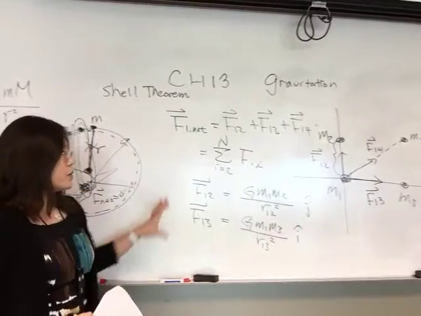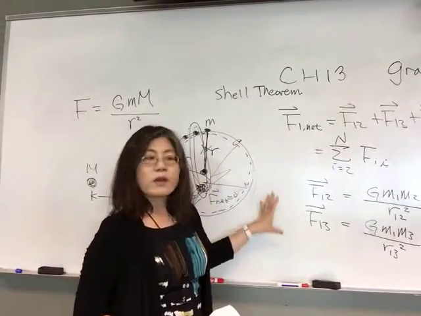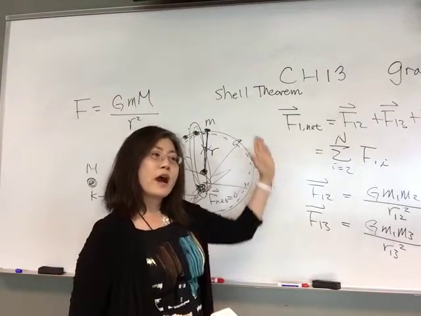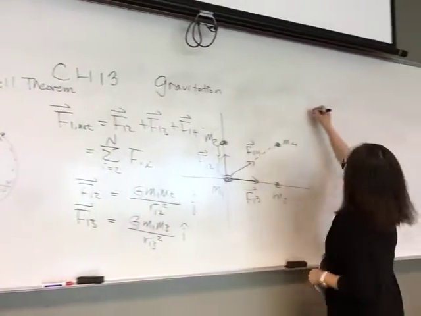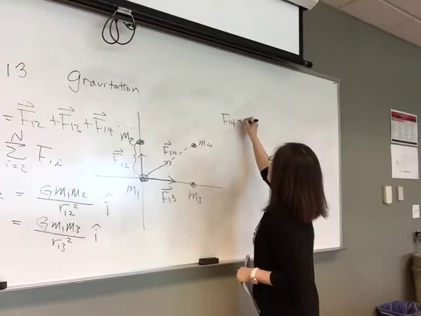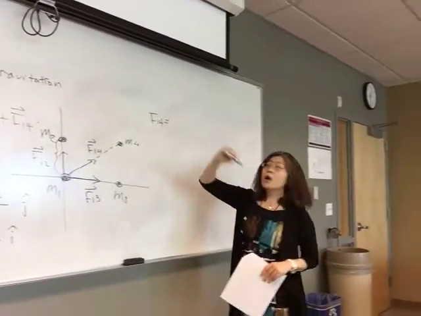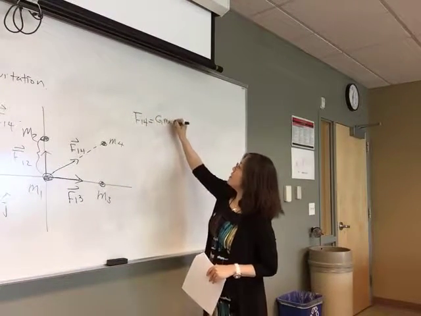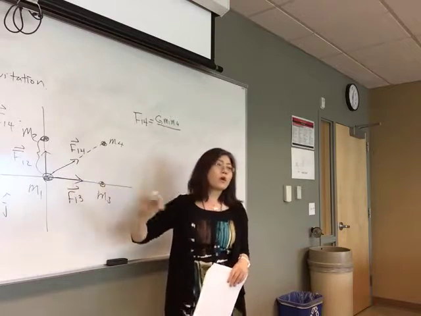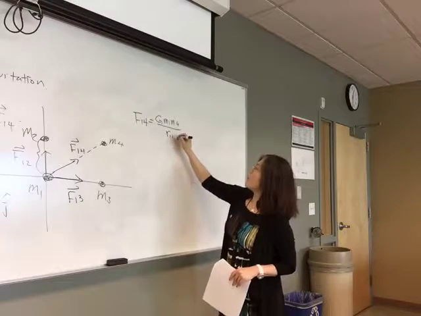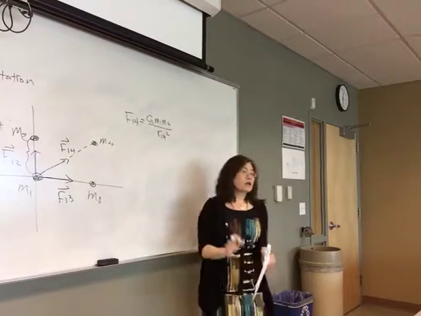Now, F12 and F13 are easy because they're along the axis. What about your F14? F14 with the magnitude will be G, M1, M4, and then the distance between them, R14, squared. So this is the magnitude.